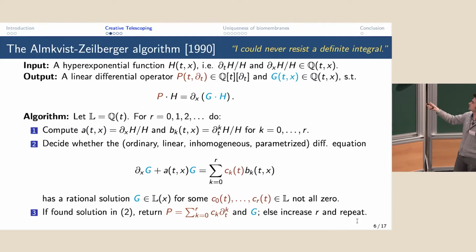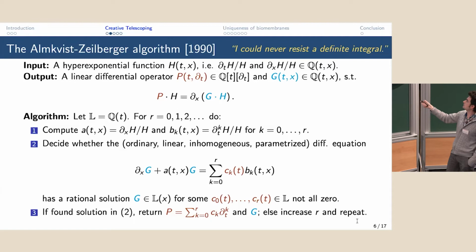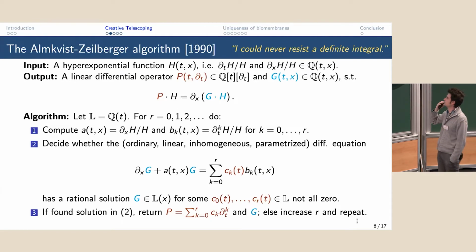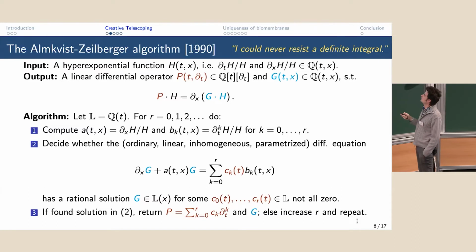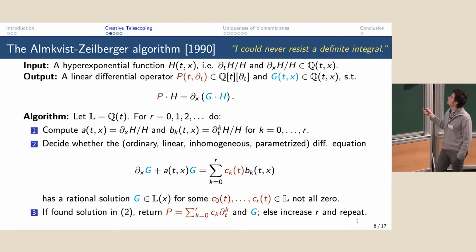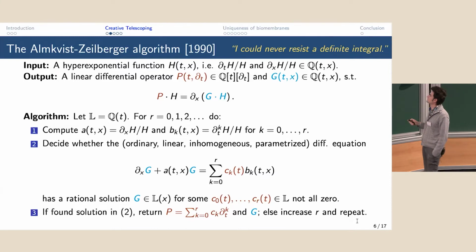So given a function h, which we want to compute the integral of, we define a as this rational function and b as the kth derivative divided by the function itself.